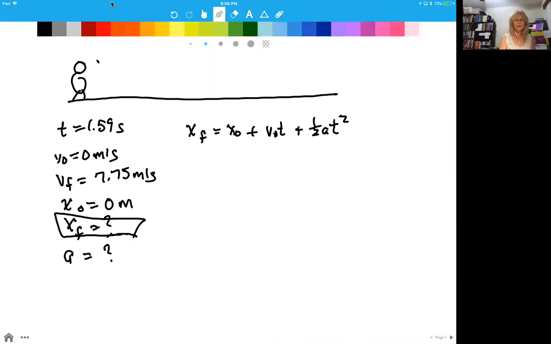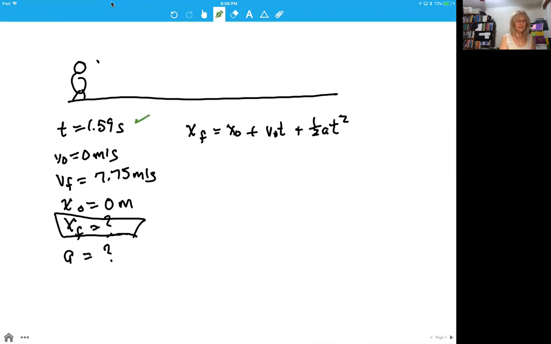The reason I'd want to use that one is because we have v initial. Oh, actually, we do need v final because we don't have acceleration yet, right? So we need to find the acceleration first to actually use this equation.